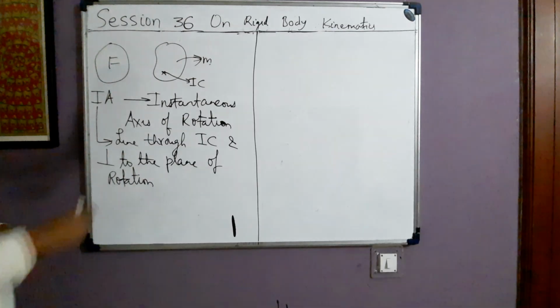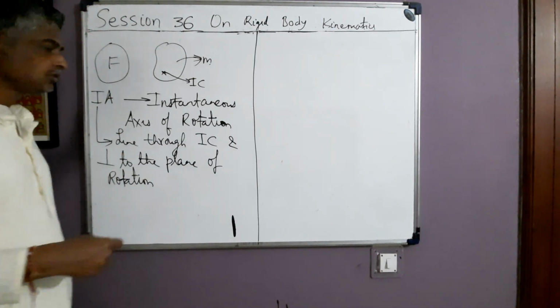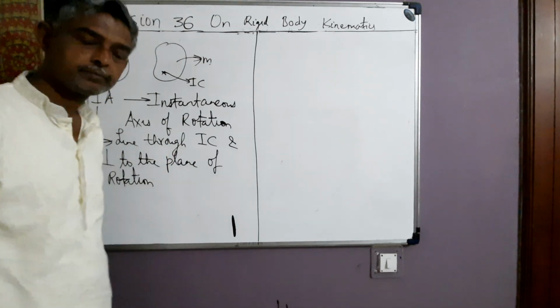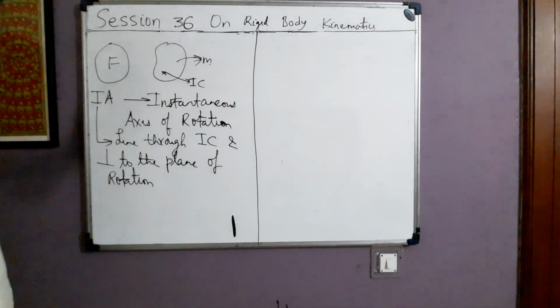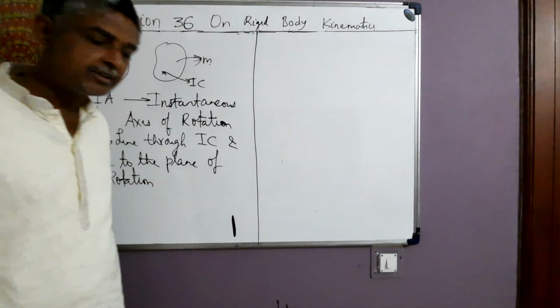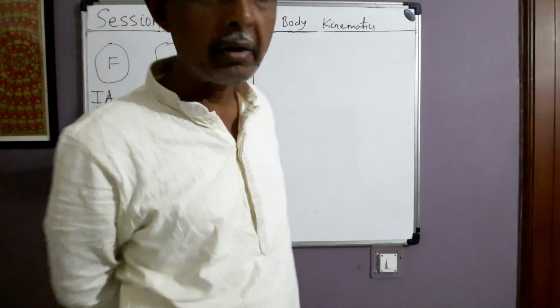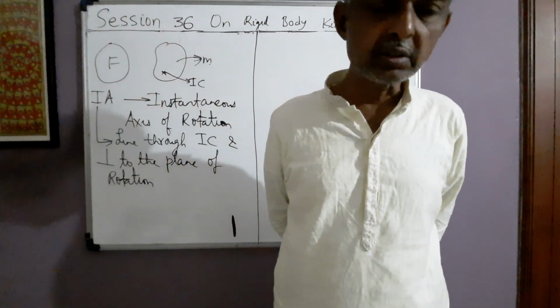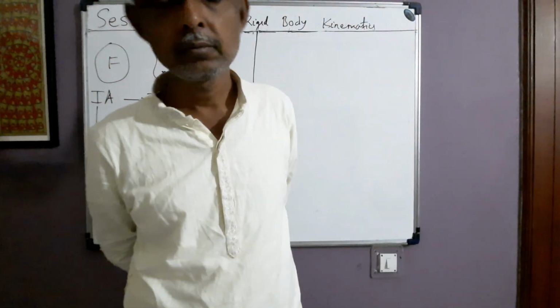That is called the instantaneous axis of rotation, which is in short mentioned as IA.